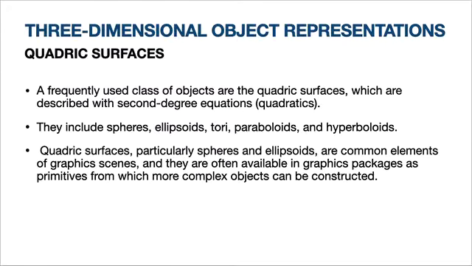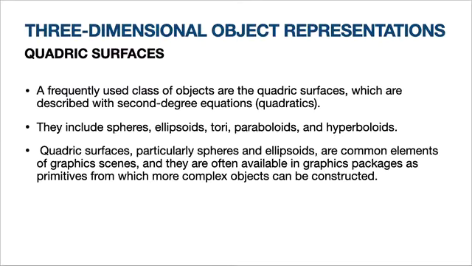That's all about the polygon surfaces, and now we will see the quadric surfaces. Quadric surfaces are a frequently used class of objects which are described with second degree equations, that is quadratic equations.